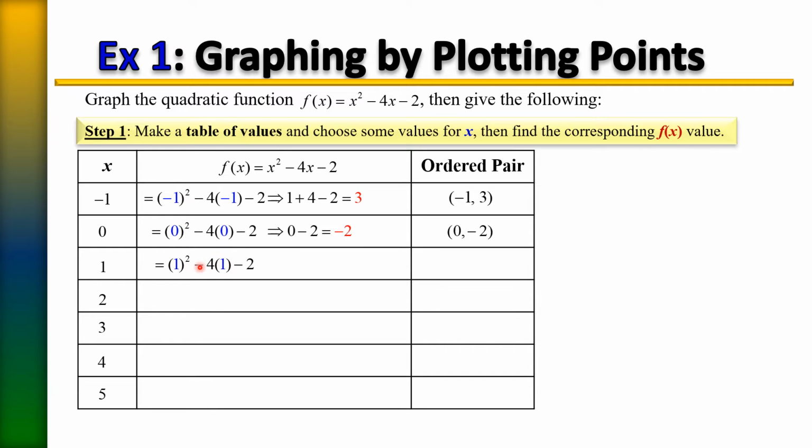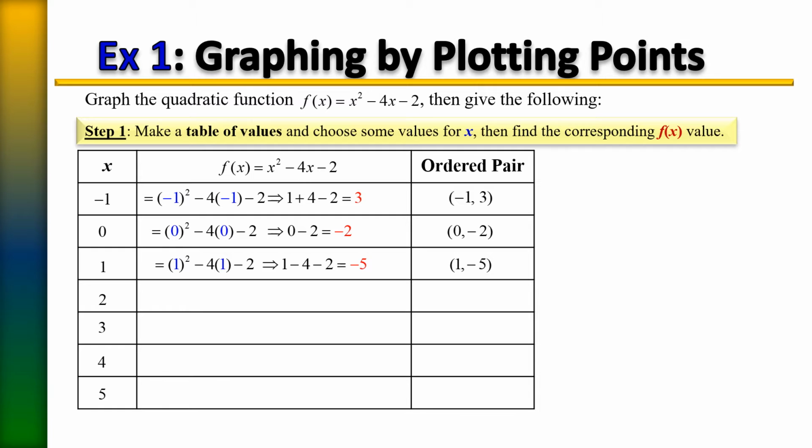We're going to have -4 as our middle number. When we combine those numbers, a 1 with a -4 is going to be a -3. -3 added with -2 is going to be -5. So when we plug in a 1, what we get out is a -5.